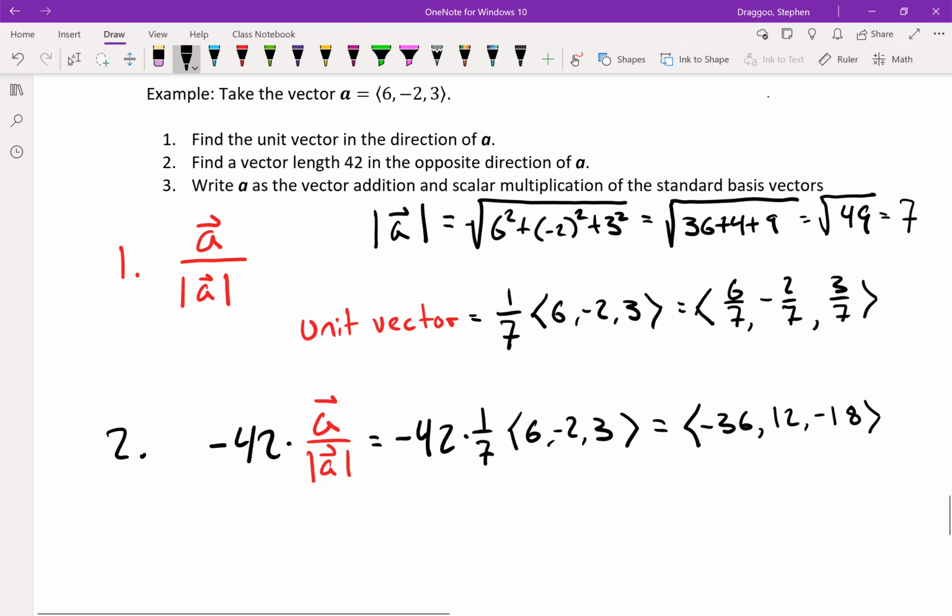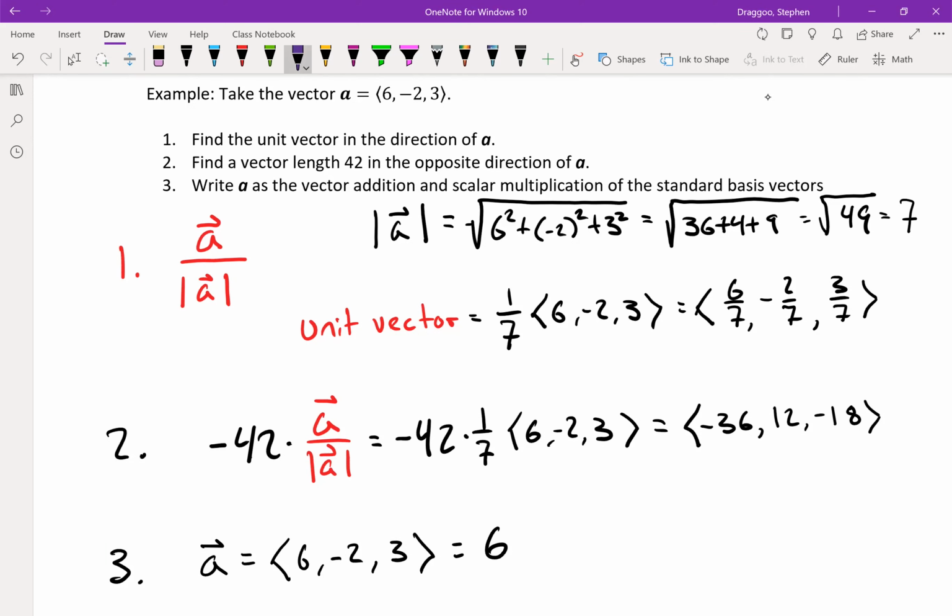And finally, we'll write the vector in terms of the basis vectors i, j, and k. So the vector A is equal to 6, negative 2, 3 in the standard vector form we've been using, or if we separate it out into its i, j, and k components, this is 6i, minus 2j, plus 3k.